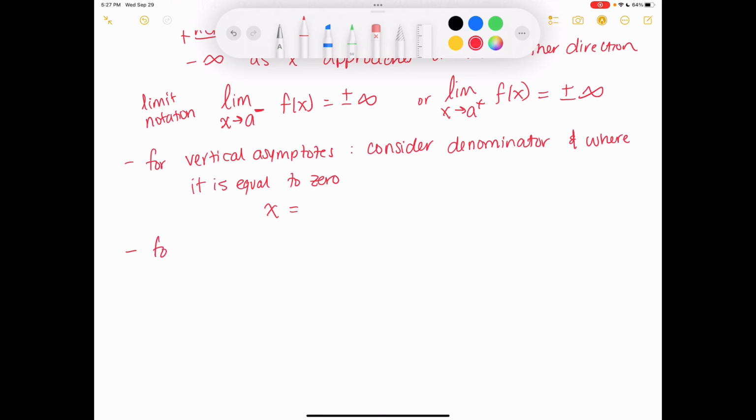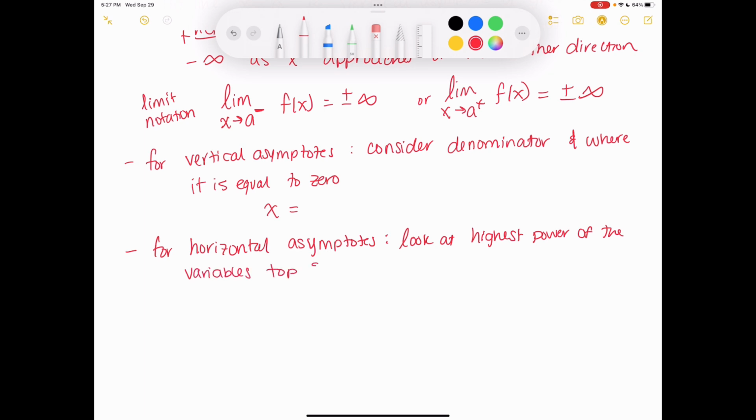For horizontal asymptotes, we look at the highest power of the variables, top and bottom, and it is written as y is equal to blah blah blah.